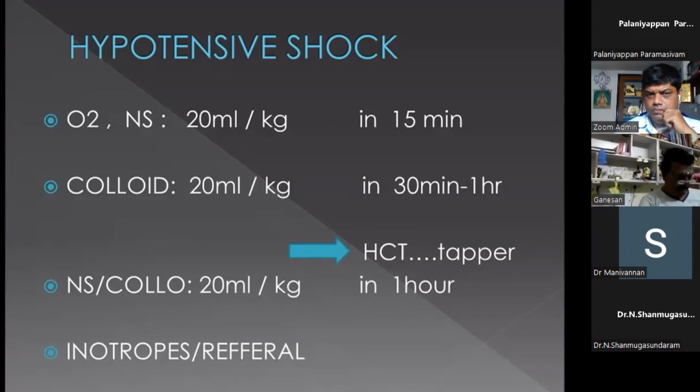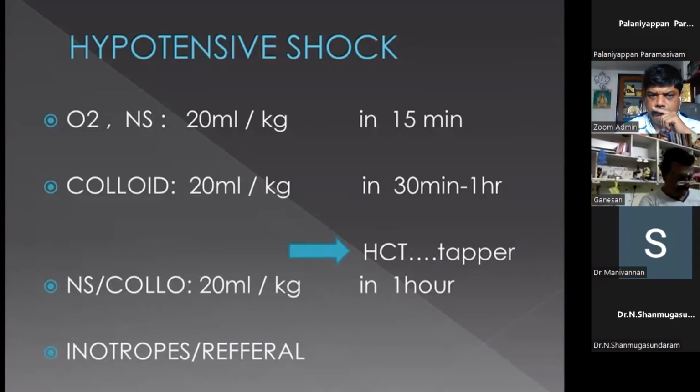If the child presents with hypotensive shock, take the baseline investigations, and the hematocrit has to be repeated after every bolus. For that purpose, do the baseline investigations first. Then after a bolus, if the child is not improving and the pulse is not normal, please give colloid 20 ml per kg.